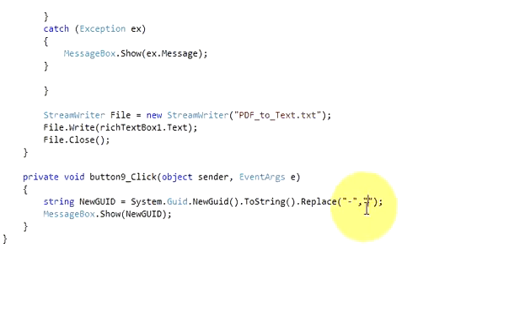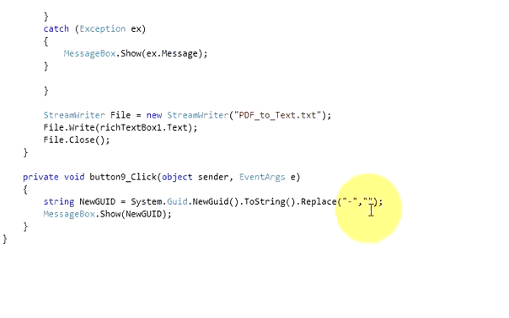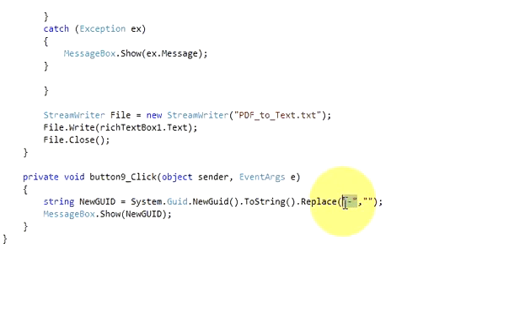I want to replace my dash with nothing, that's why I'm leaving these double quotes empty. So it will just remove the dashes from my GUID.